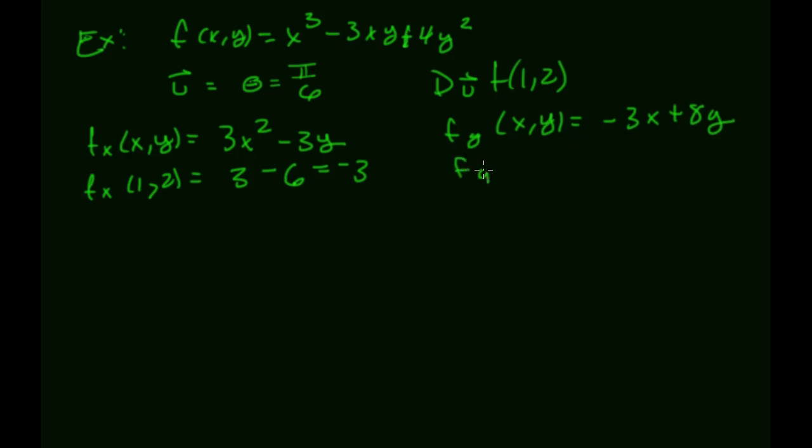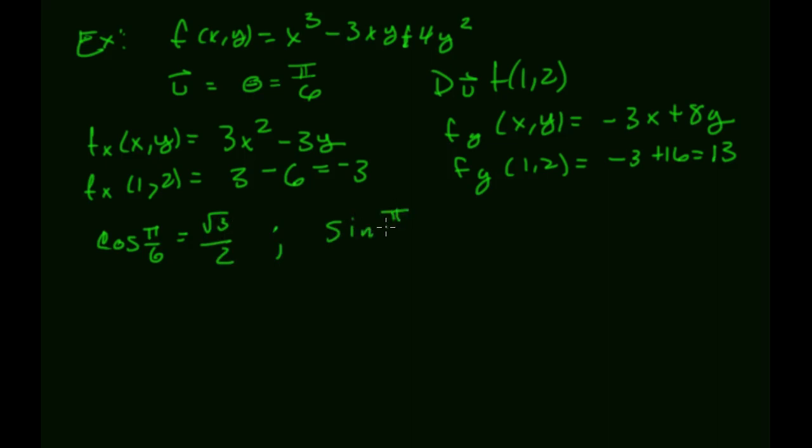So f sub y at 1, 2 is going to be negative 3 plus 16, which is just 13. Okay, so let's see. The cosine at pi over 6 is root 3 over 2. The sine at pi over 6 is 1/2.